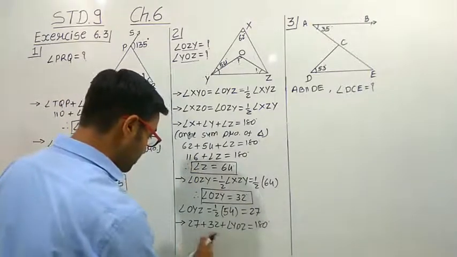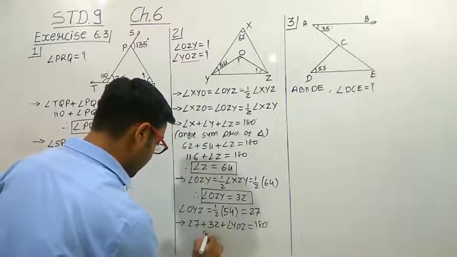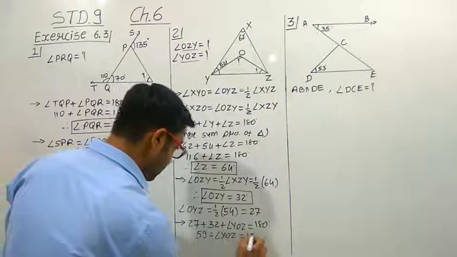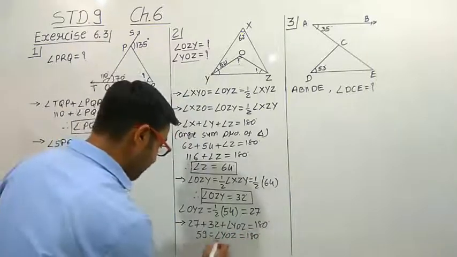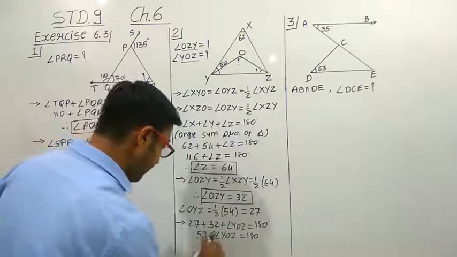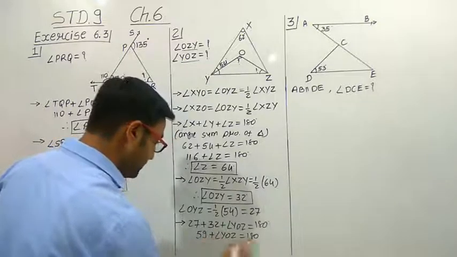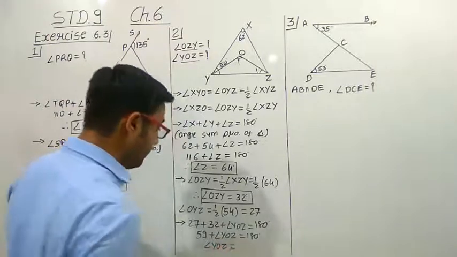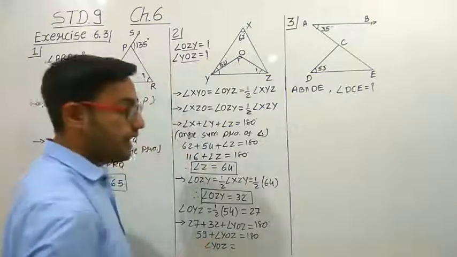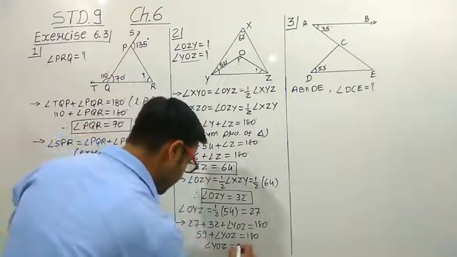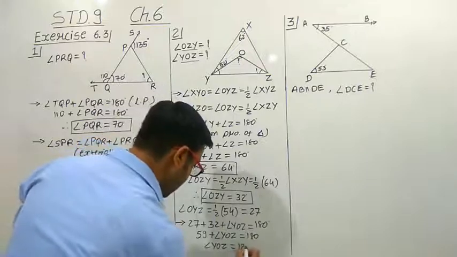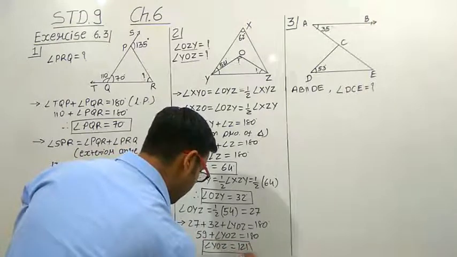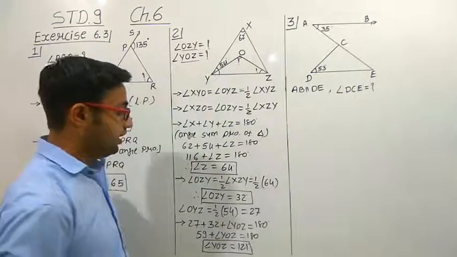The addition of these two is 7 plus 2 is 9, 3 plus 2 is 5, so 59 plus angle YOZ is equal to 180. Taking 59 to the right hand side, angle YOZ will be 180 minus 59, that is 121 degrees.